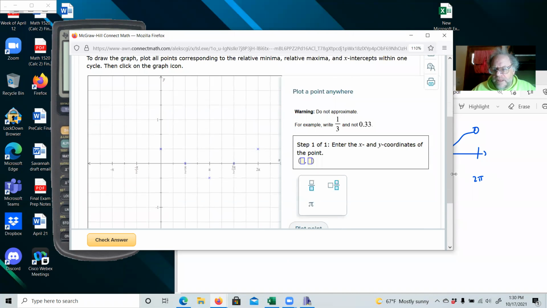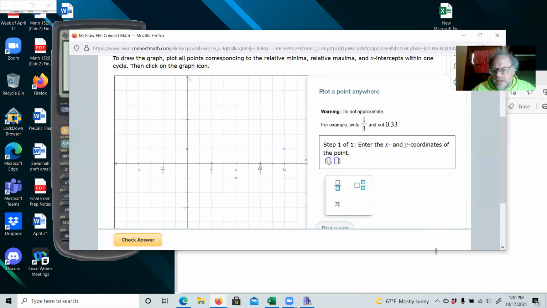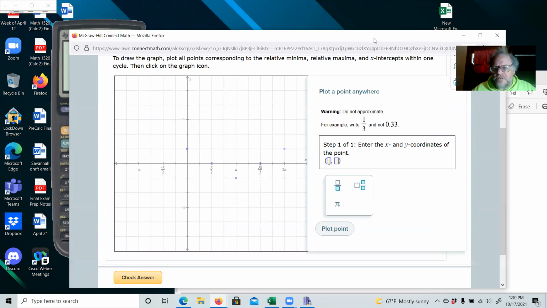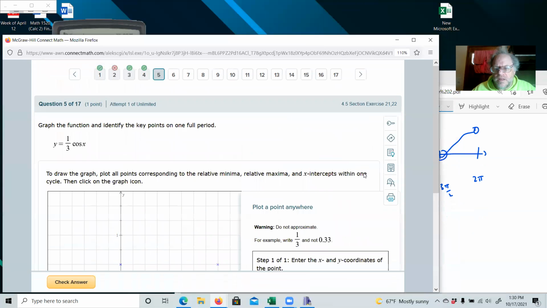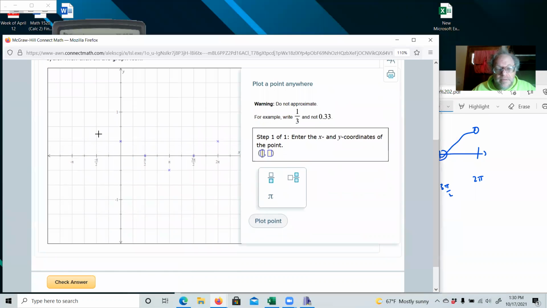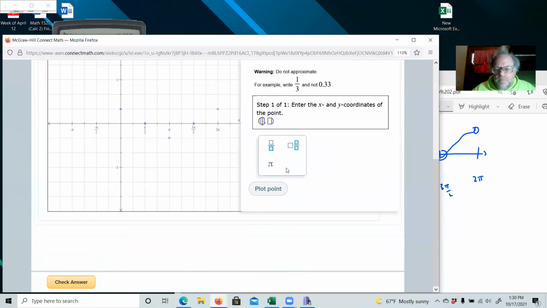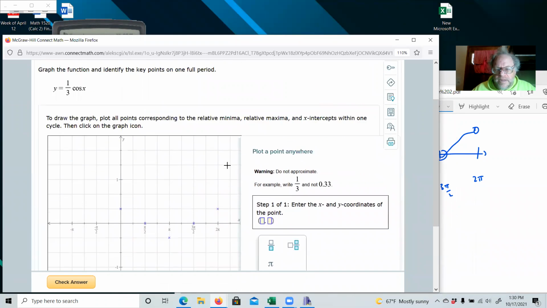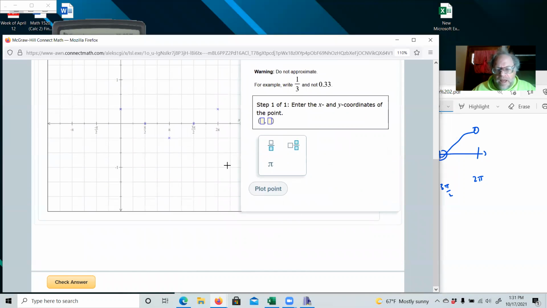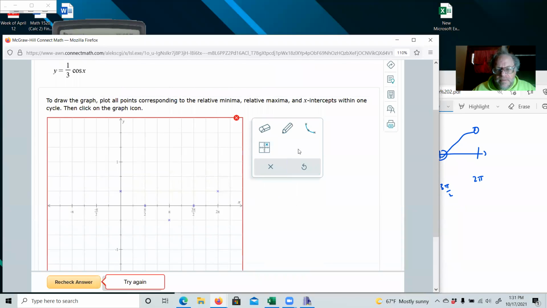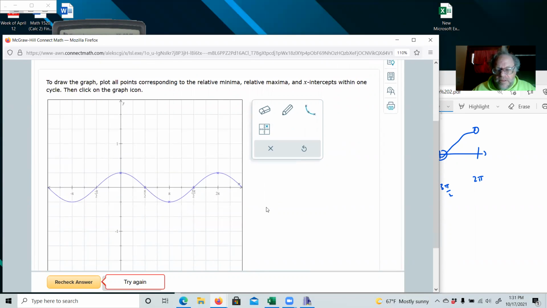All right, now I don't like that they did this to us. Really? Plot a point anywhere. We did. I don't know how to get out of this. Graph the function. Okay, let's hope for the best.